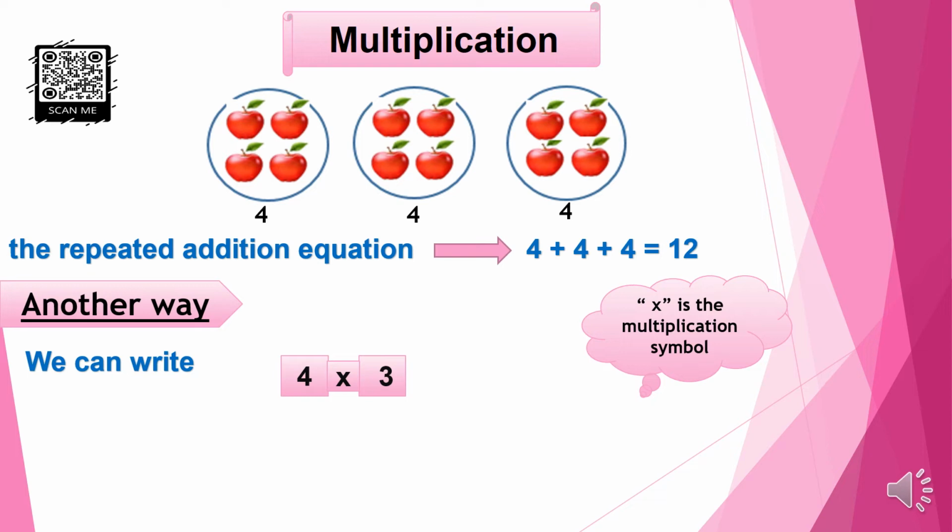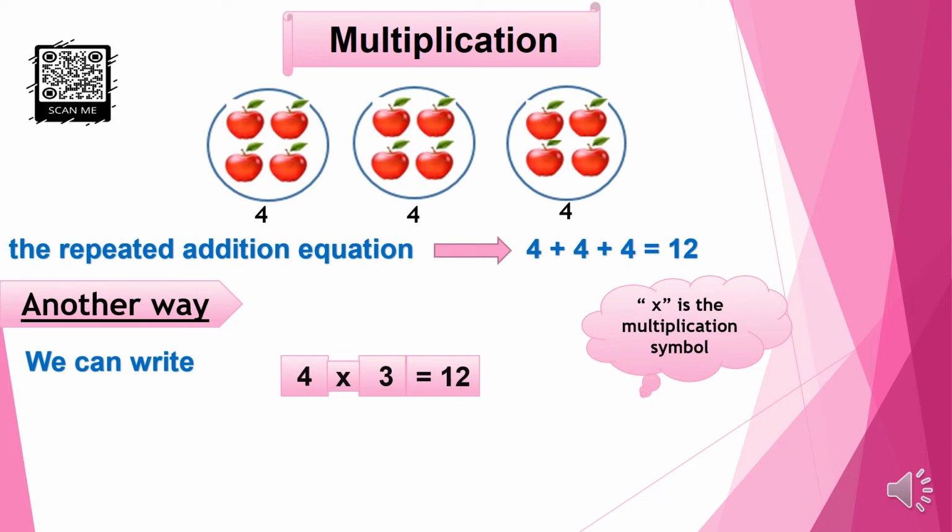What is the number I repeat? 4. How many times I repeat 4? 3. So I will write 4 times this symbol, which is like X, is called times. 4 times 3 equals 12. It's the same result.